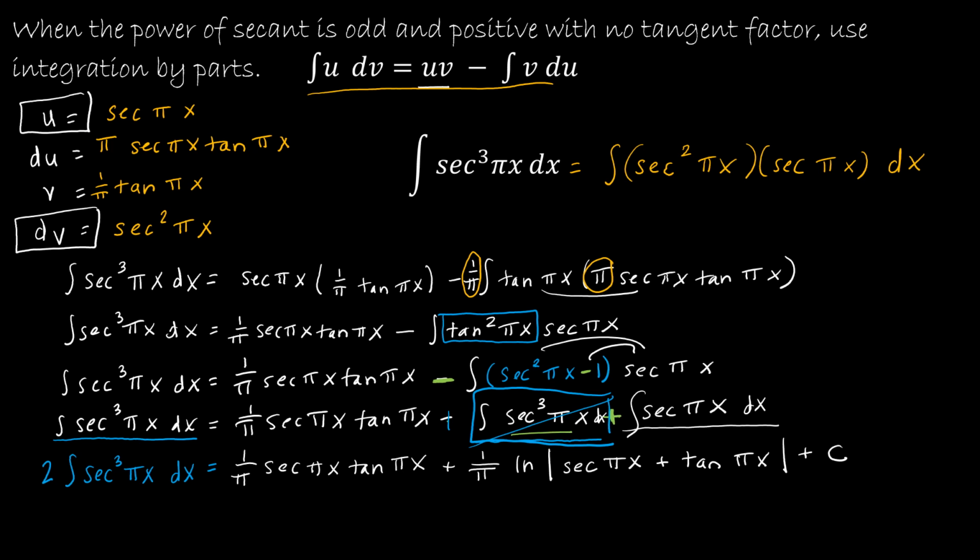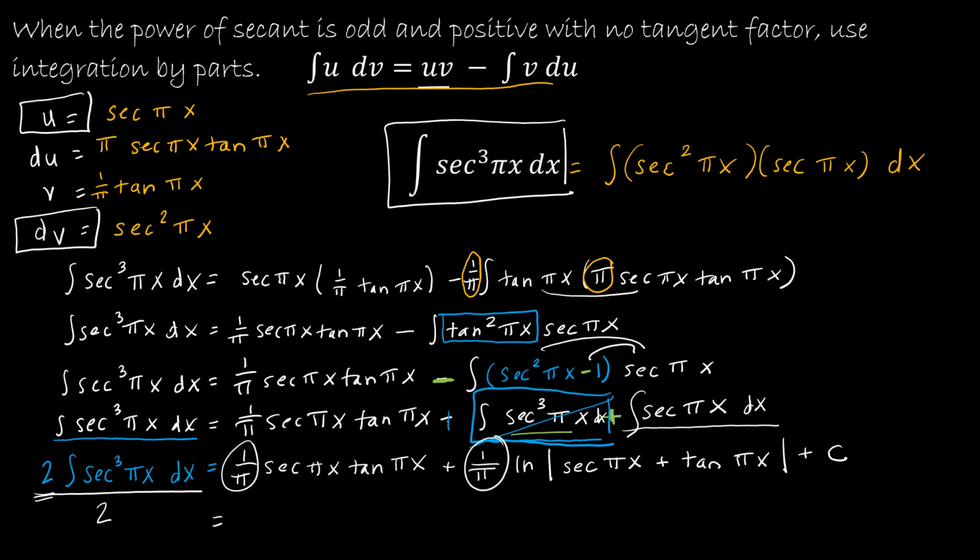The only thing now we need to take care of is the fact that each of the things on the right side has 1 over pi in front, so I can actually bring that 1 over pi out. But if you'll notice, I'm trying to solve for one of these, and this expression accounts for 2 of these. So I'm going to divide each side by 2, which means not only am I going to take the factor of 1 over pi out of everything, I'm going to divide by 2.